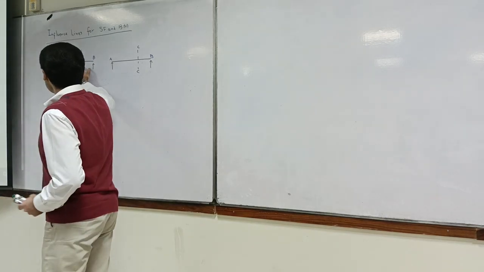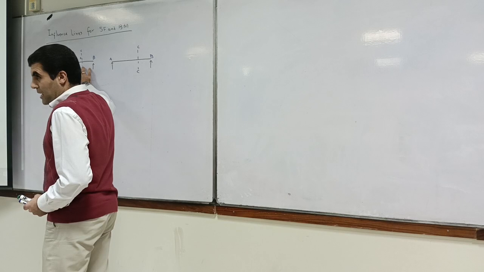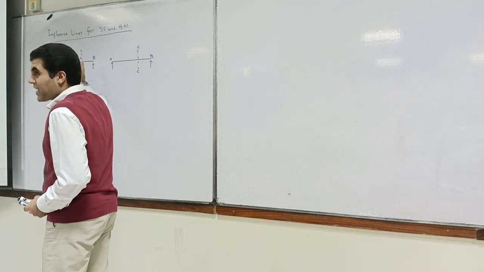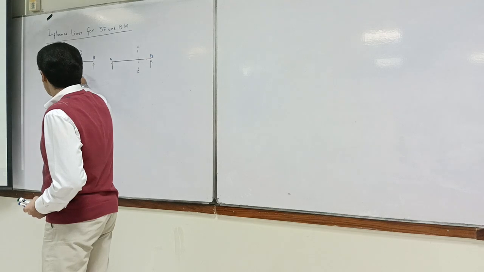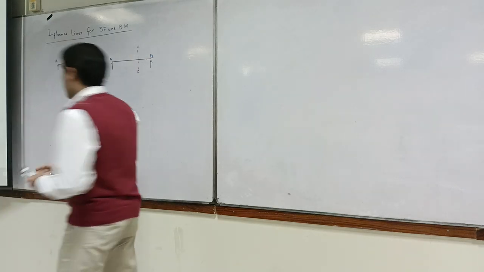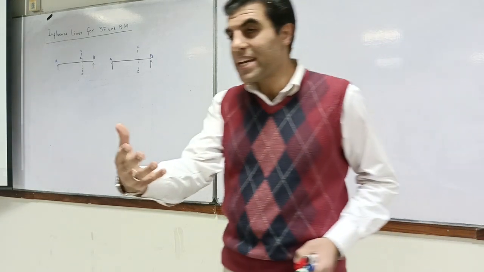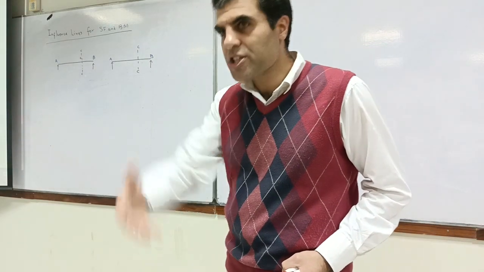We are trying to find out the influence line diagrams for section C, the bending moment and shear force influence line diagram for section C. Now, what's the first step? What was the first step we did previously in the case of reactions?